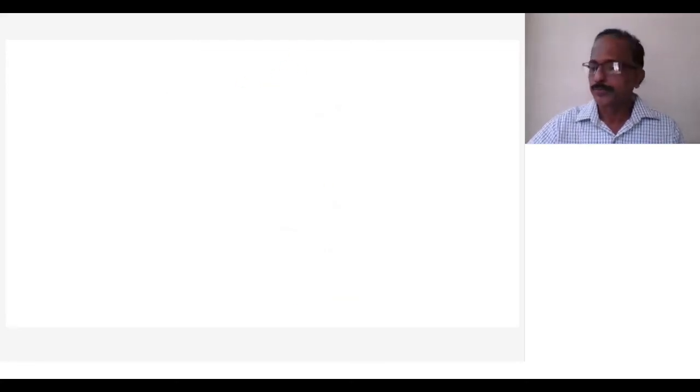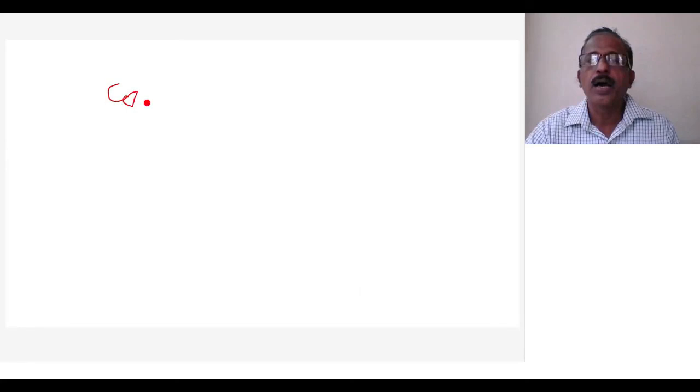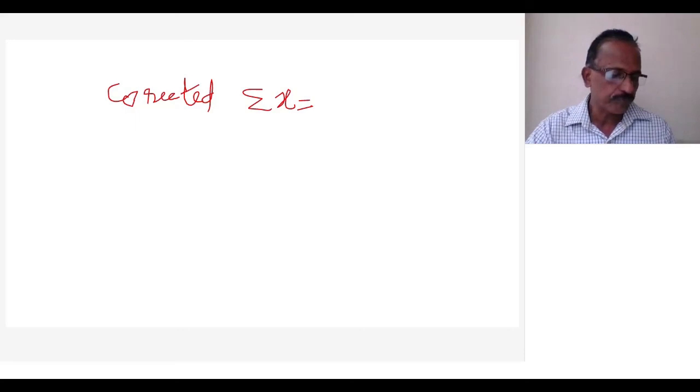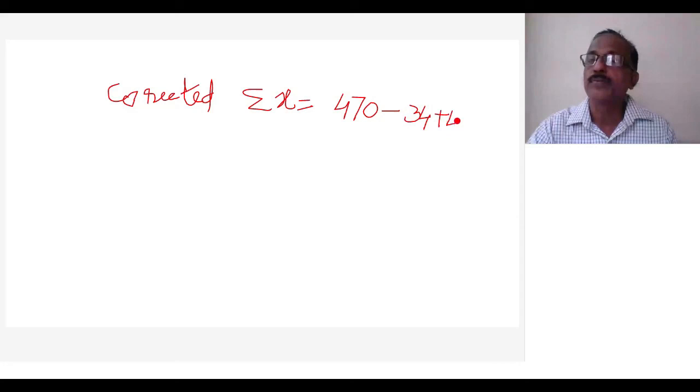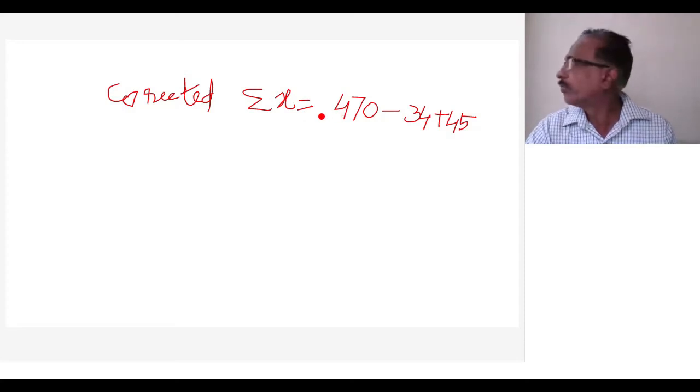The corrected sigma x is equal to 470 minus 34 plus 43.